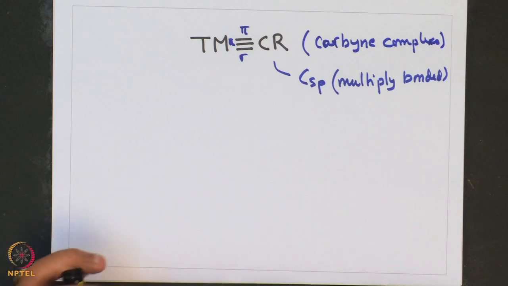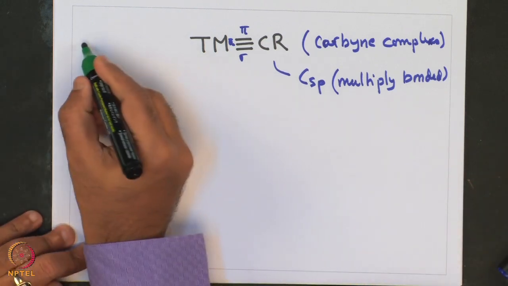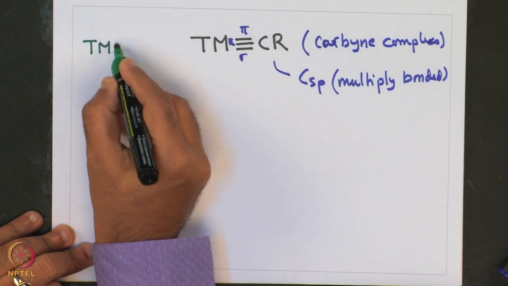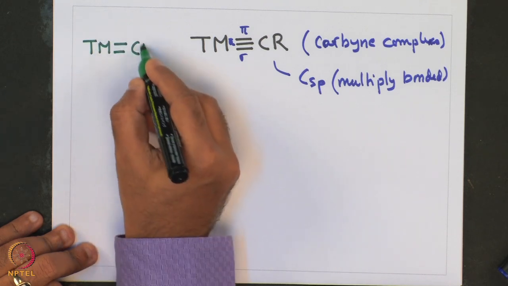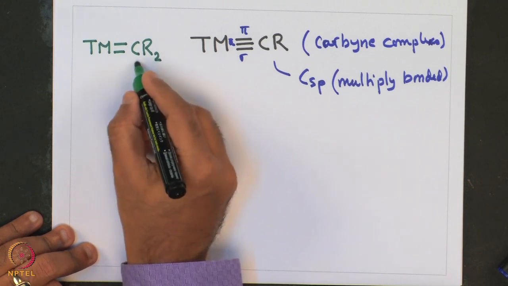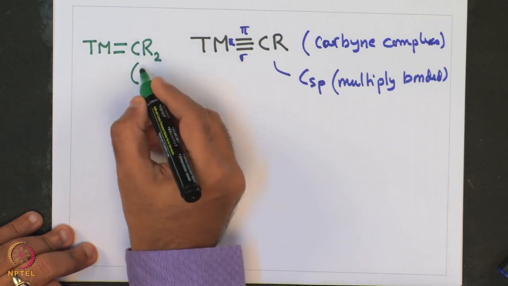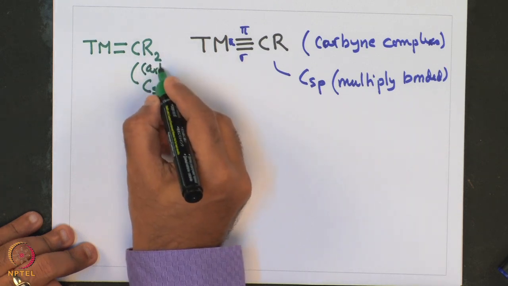Now, carbyne complexes are sort of an extension of transition metal carbene complexes, which we had discussed in an earlier lecture, where a transition metal is bonded to a carbene moiety and where the carbon is sp2 hybridized, and these are called carbene complexes.